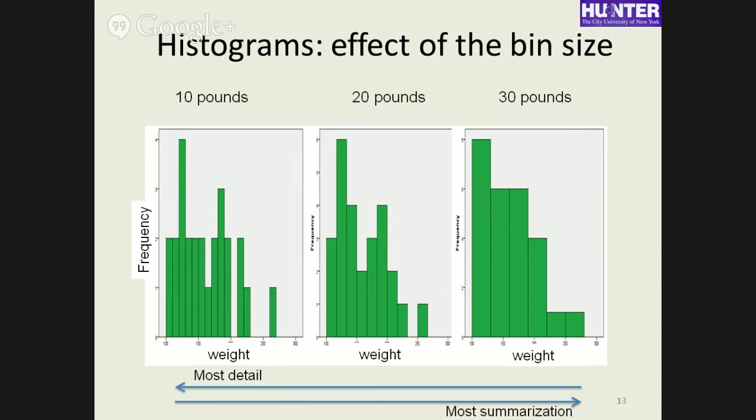But yes, question. So is a bar chart, each bar is just one value, whereas in a histogram it's a range? So the question is, what's the distinction between the categories in a bar chart and in a histogram? The distinction, I think, is that in a bar chart you're representing a categorical variable.